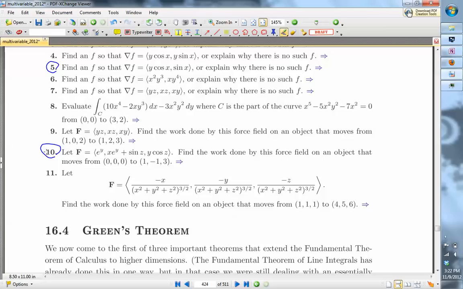There's something conspicuously absent in this question, at least with respect to section 2. They tell you where you're starting and where you're ending, but they don't tell you how you're getting there. There's no path.